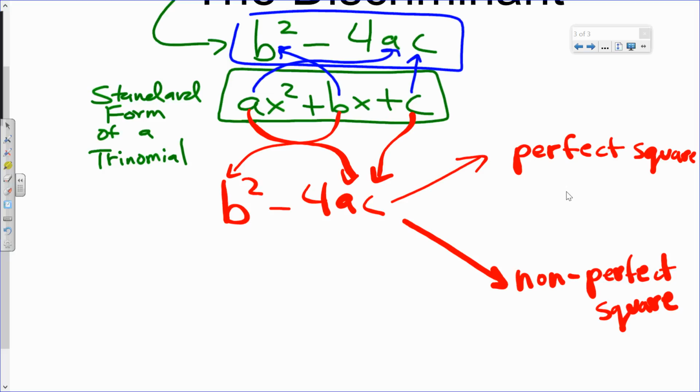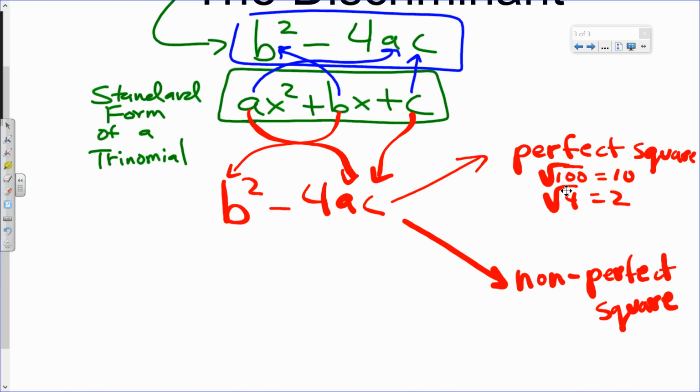Can someone give me an example of a perfect square? 100. Because look, the square root of 100 is what? 10. What's another example of a perfect square? I have them listed by my Christmas tree. It's like a perfect Christmas tree with a perfect square right behind it on the board. So those are all the perfect squares. The square root of 4 is 2. See, these are perfect squares.